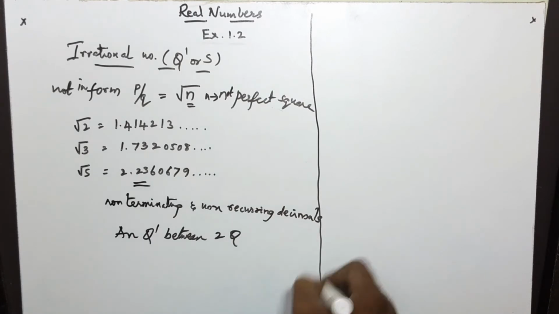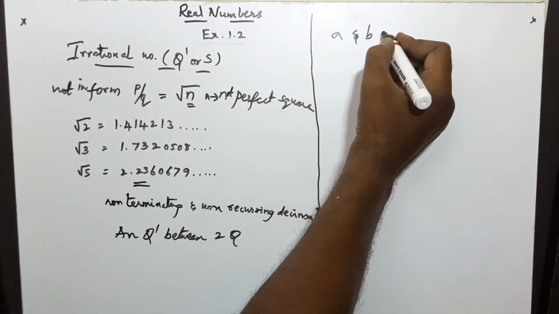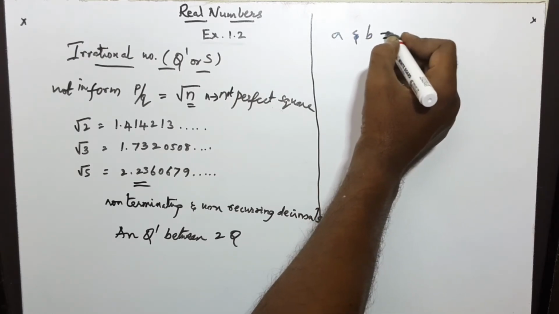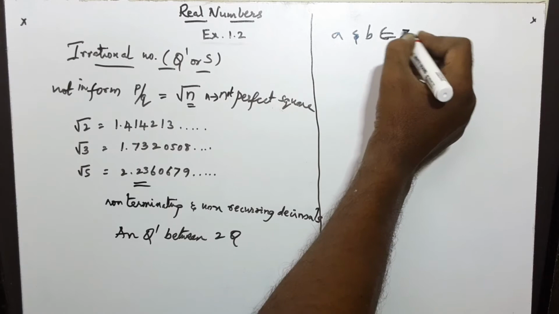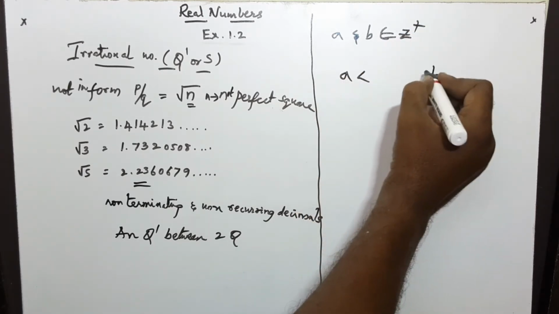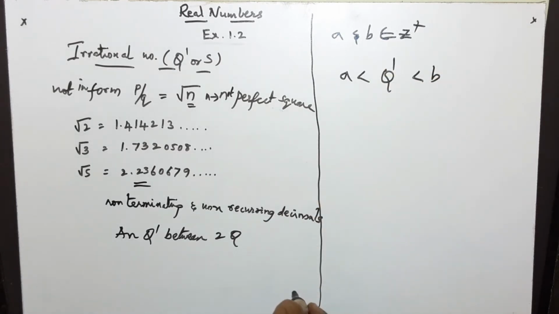For example, a and b are two positive integers, and between these two numbers we have to find an irrational number.